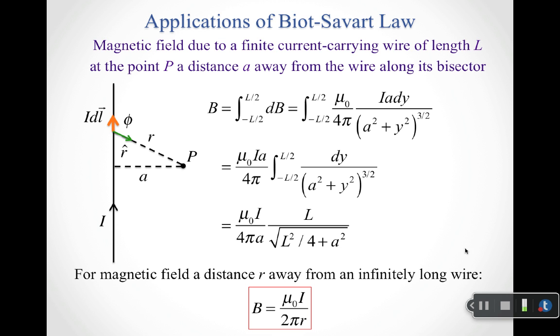As with any other problem, we've used our Biot-Savart Law to figure out the expression for a single element, and now as we bring up multiple wires or multiple circular loops, we just use superposition to add up the field contributions from each of those wires or loops to figure out the net magnetic field.